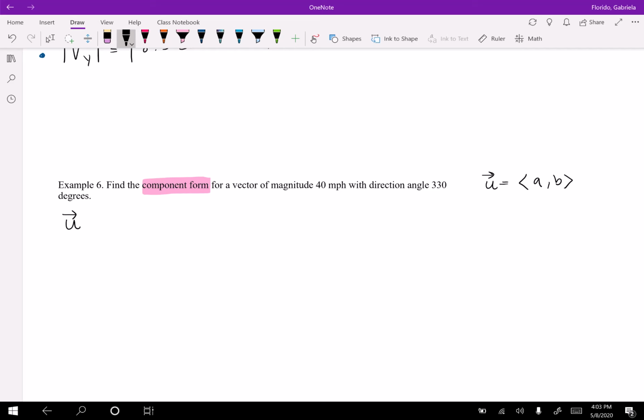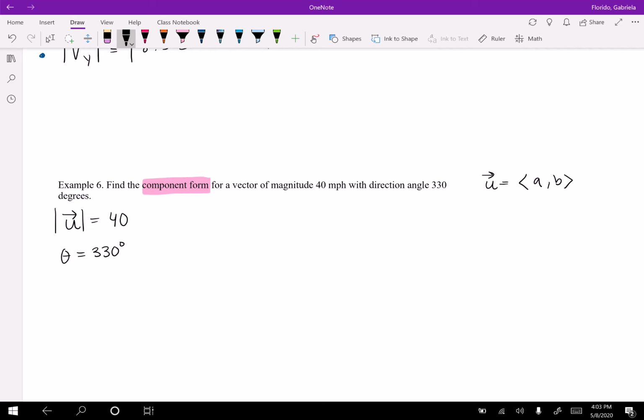So the magnitude of vector u is 40, and the direction angle, which I'm going to call theta, is 330 degrees. We can actually use the vertical and the horizontal component formula to help us find that point.